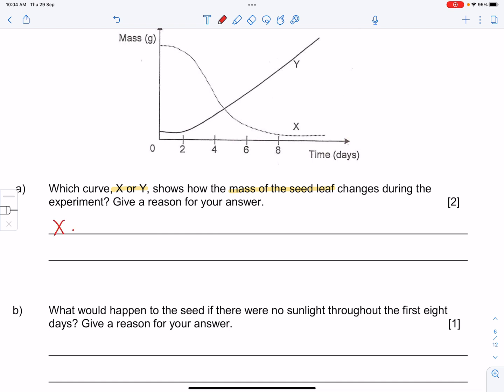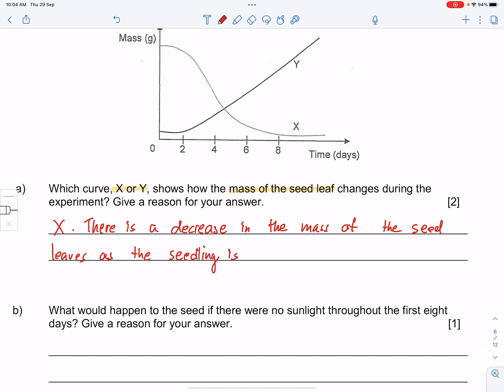Now, you will also need to tell me what you should observe. So there is a decrease in the mass of the seed leaves as the seedling is using up the stored food in the seed leaves.